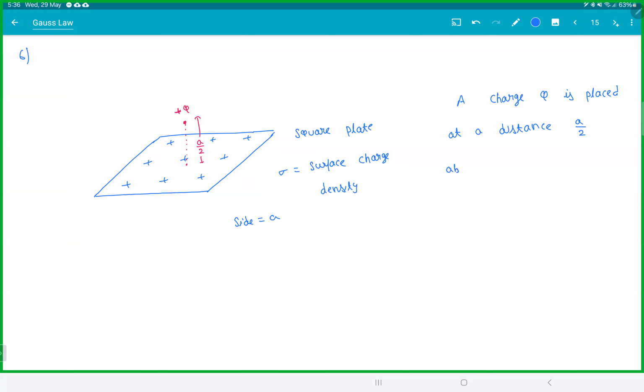Find the force between them. Find the force between the plate and the charge. Yeah, homework problem, we'll see.